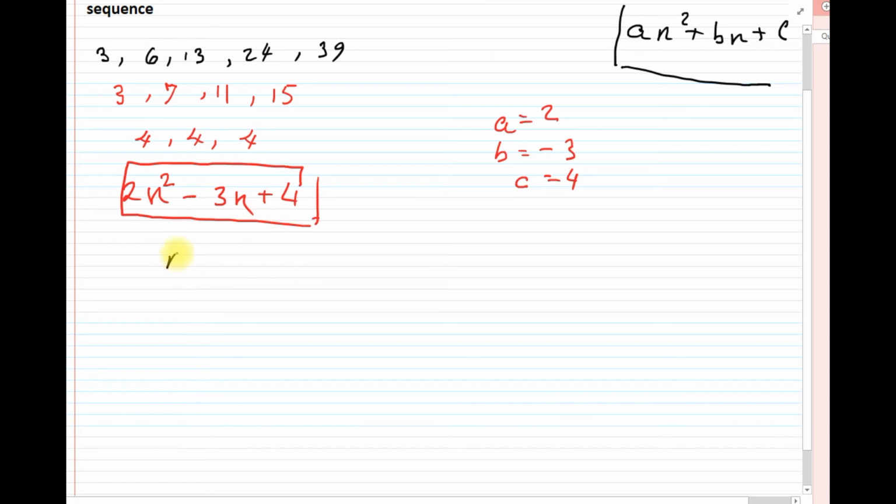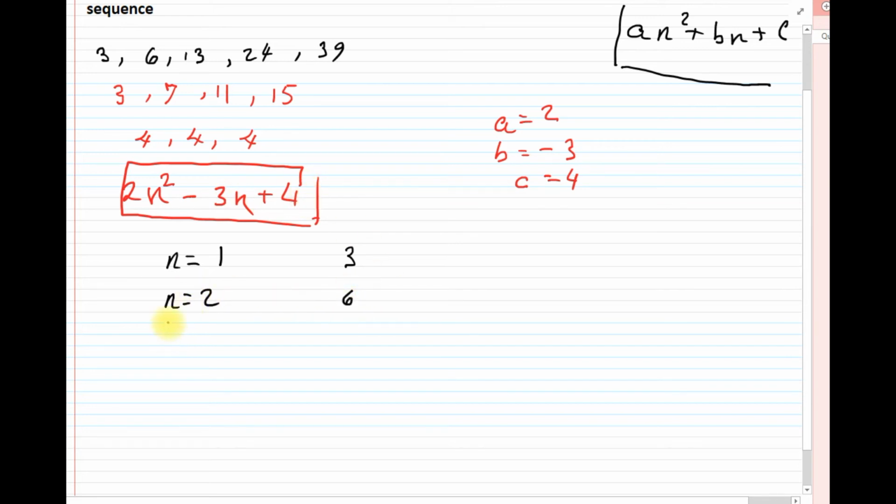Now for n equals 1, I get 2 minus 3 becomes minus 1, plus 4, I get 3. For n equals 2, I get 2 squared, which is 4 times 2 is 8, minus 3 times 2, which is 6, which will be 2, plus 4 will give me 6.